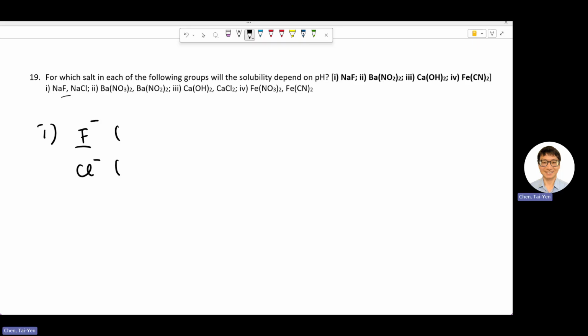F minus is a weak base, because its partner is HF, and HF is a weak acid. Its conjugate partner will be a weak base. How about Cl minus? Neutral, because its partner is HCl, a strong acid. Therefore, Cl minus is neutral. Among the two, this will be pH dependent.